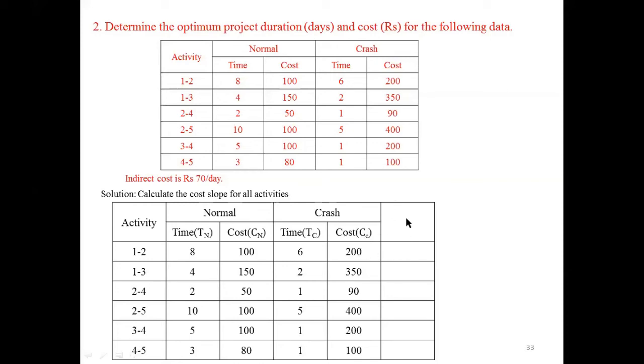Here you have to write the cost slope. To calculate the cost slope, we have the formula Cc minus Cn divided by Tn minus Tc.